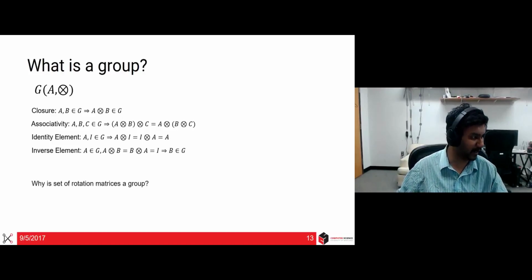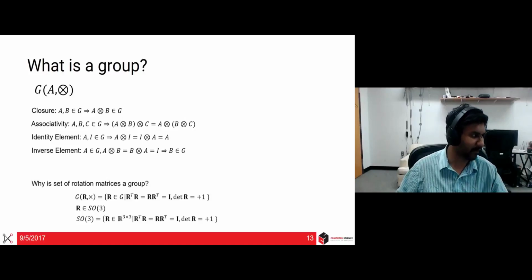For the rotation matrix, we will define it as the set of all 3 by 3 matrices with the group operation being multiplication. And the conditions are defined here. So R transpose R should be identity, and determinant should be plus 1 like we enforced before, because we assumed a right-handed coordinate frame system with anti-clockwise rotations being positive.